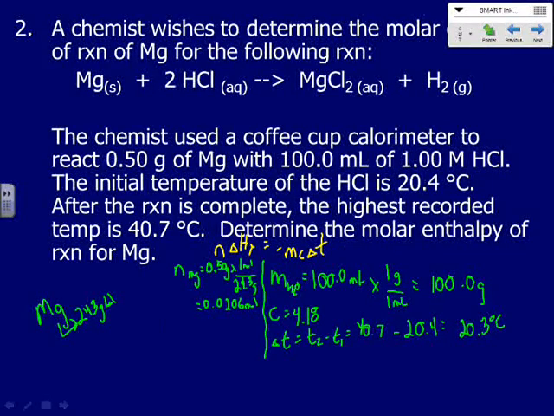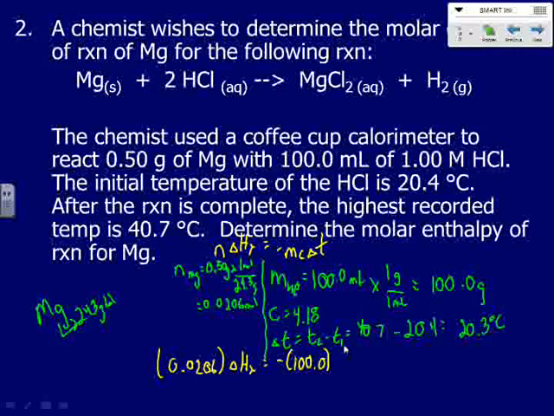So again, substituting in, again we're solving for the delta Hx. 0.0206 is the moles. Delta Hx, negative, 100, 4.18, delta T, 20.3 degrees Celsius.